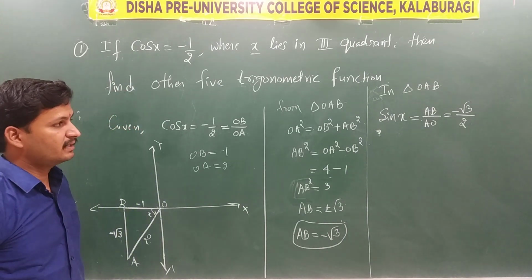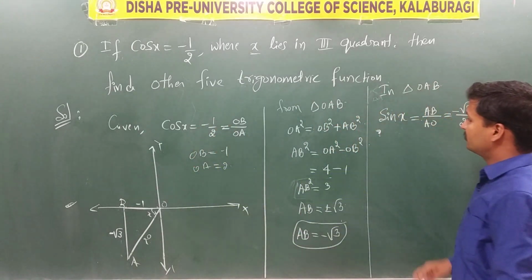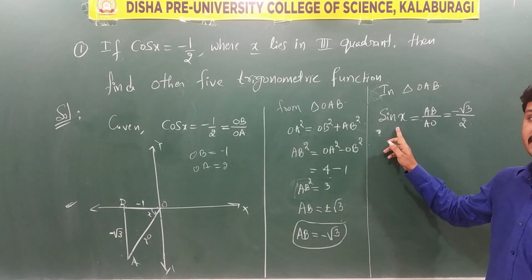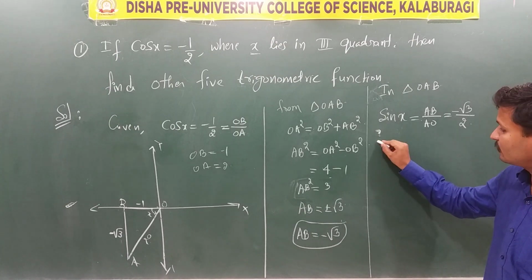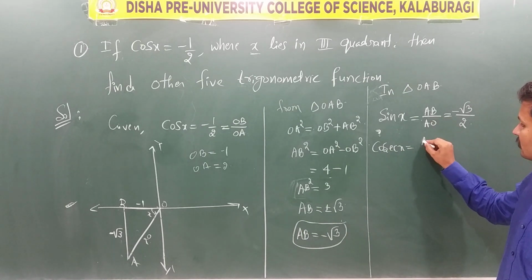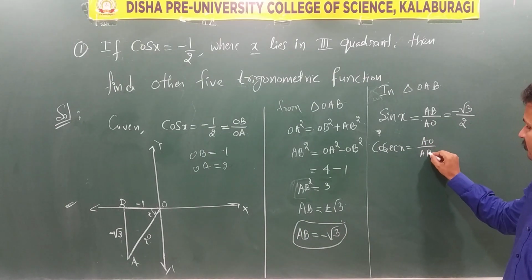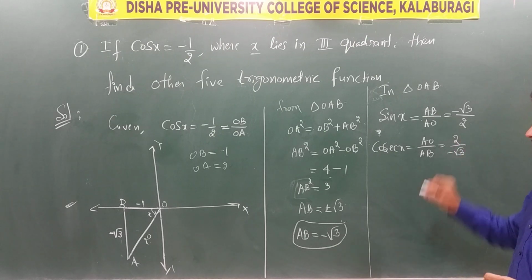Okay. Similarly, let us define the other functions. If sin x is known, then obviously we know cosecant x, that is the reciprocal of sin x. So cosecant x is equal to AO divided by AB, which is 2 divided by minus root 3.